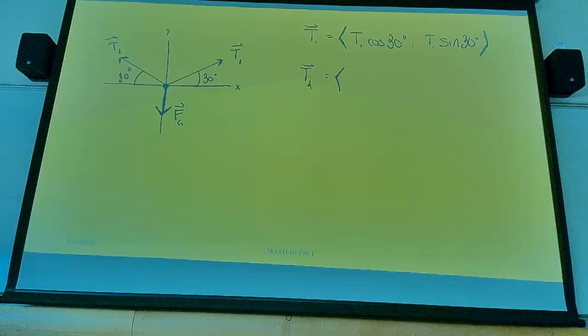The idea is the same, right? It's just going to be the angle that we need. What's the angle?